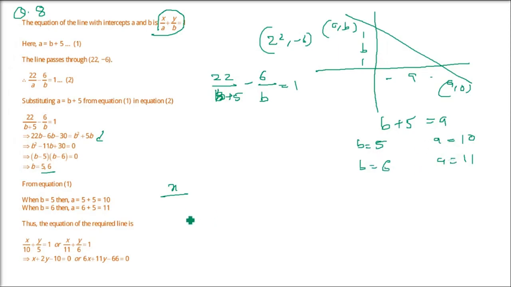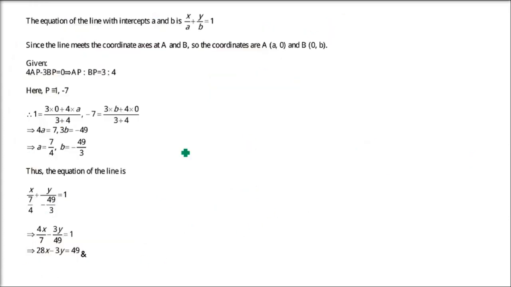In the second case, b as 6 and a as 11. So x by 10 plus y by 5 equals 1, and the second equation is x by 11 plus y by 6 equals 1. Now multiply the first by 10, you are going to get x plus 2y minus 10 equals 0. Multiply the second by 66, you get 6x plus 11y minus 66 equals 0.